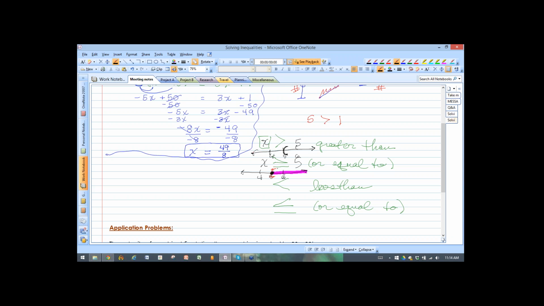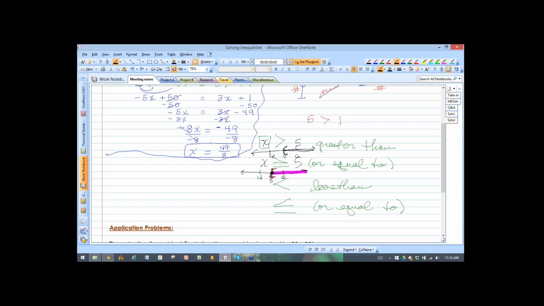A bracket includes the endpoint of 5, while a parenthesis excludes it, and you shade the interval where the solution lies. You do the same for less than and less than or equal to, except it would be to the left.